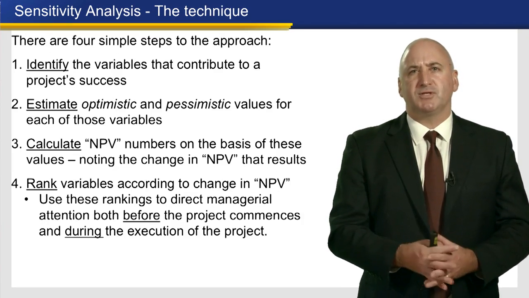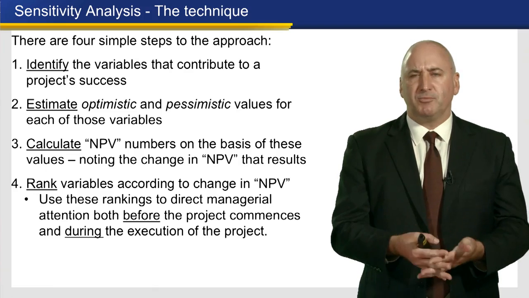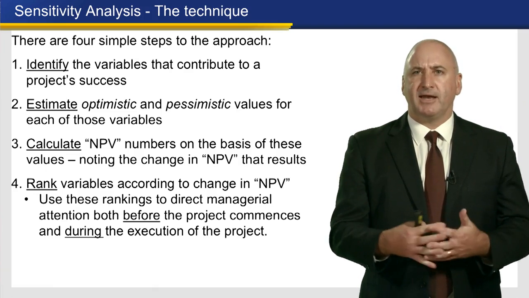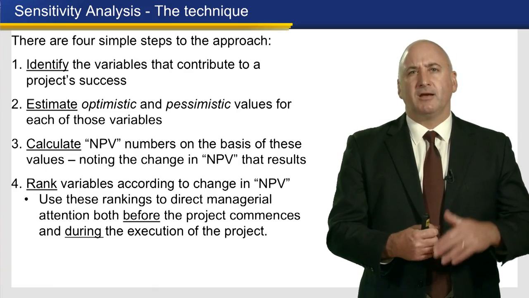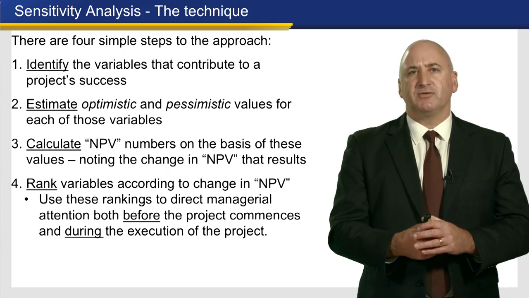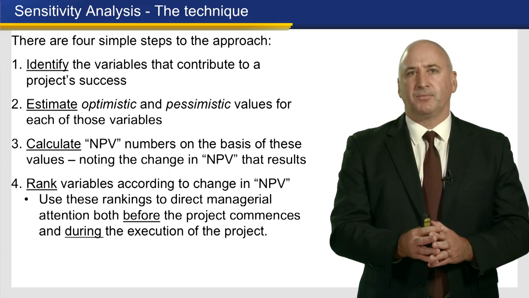So there are 4 simple steps to this approach. Firstly, we identify the variables that contribute to the project's success, that is, that feed into the NPV calculation. We then estimate optimistic and pessimistic values for each of those variables, as opposed to simply using the expected values.